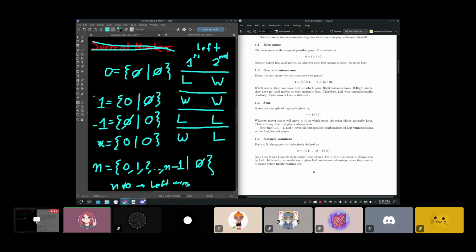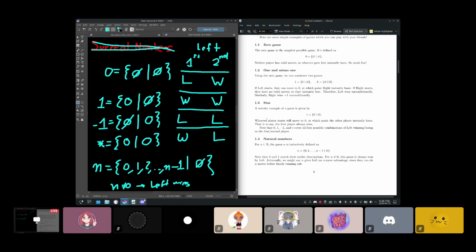They can just keep going 99, 98, 97, 96, and right is never going to have anything to do. In an informal way, you can say that the number n represents an n move advantage. It basically means left has n many free turns. Again, if n equals 0, then this is just this game again. If n equals 1, then this is just this game again. So those are special cases of this construction.